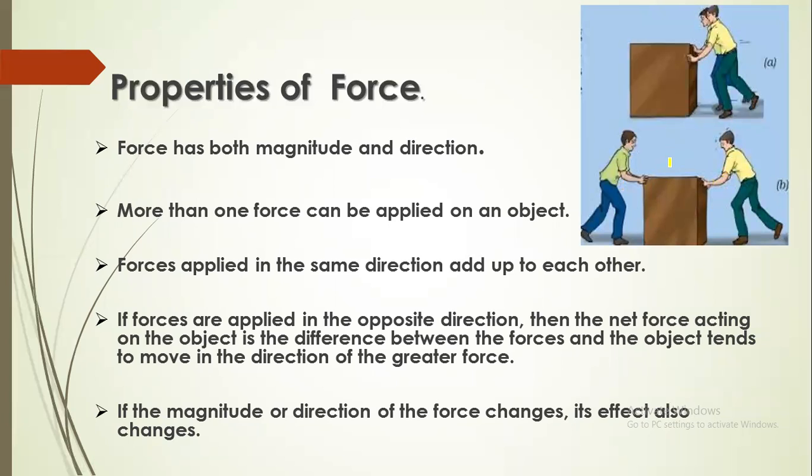Now we have to subtract both forces. 20 minus 10 equals 10. The boy with more force will push this object to the right side with a force of 10 Newton.